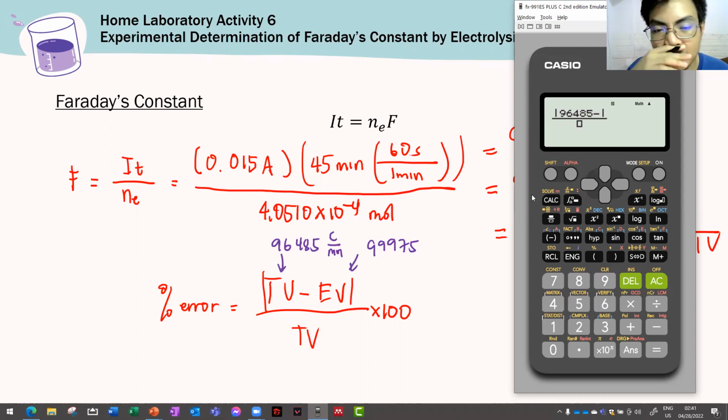The experimental value I got was 99975.31, and that will be divided by the true value 96485 times 100%. So I have a percent error of 3.62, which is actually acceptable.